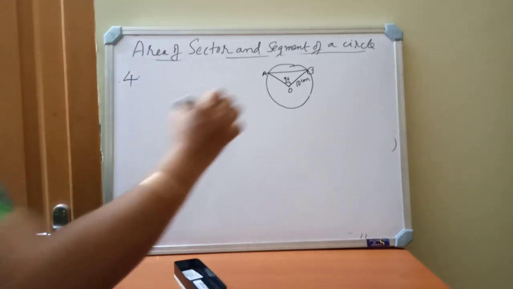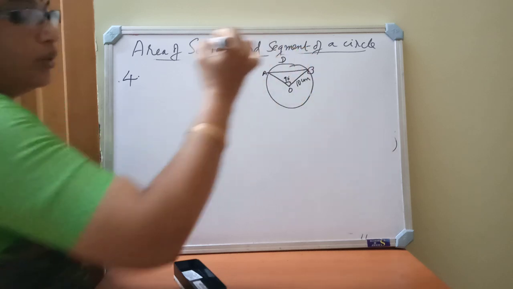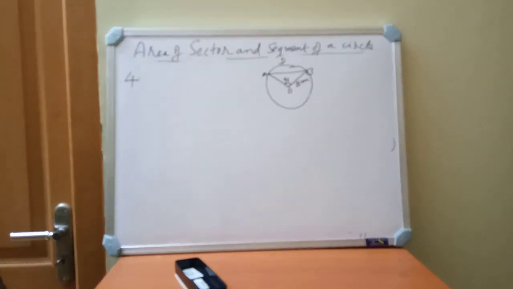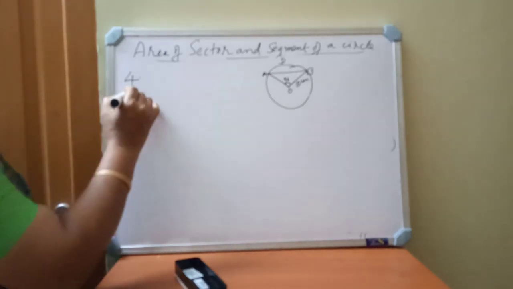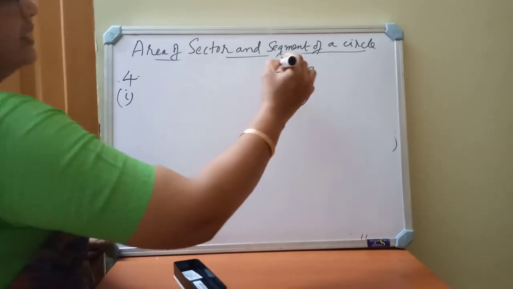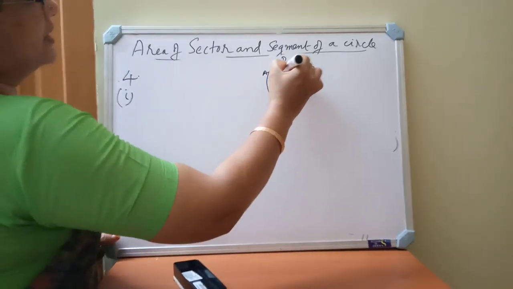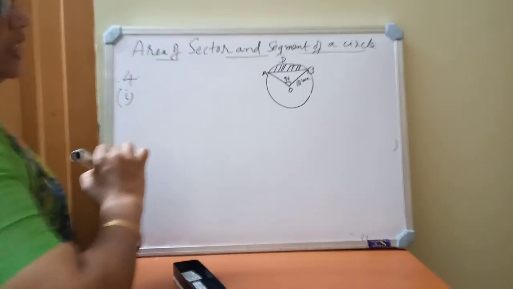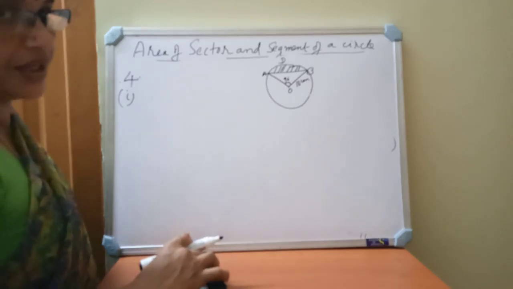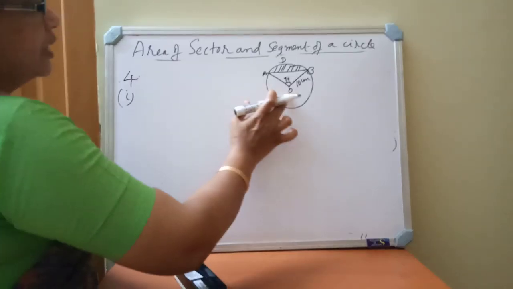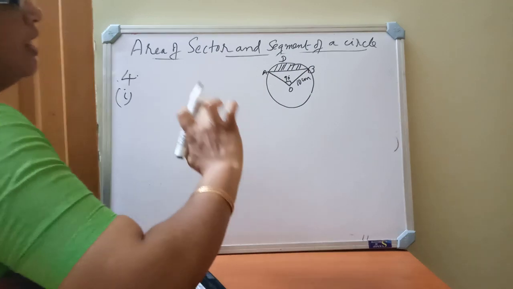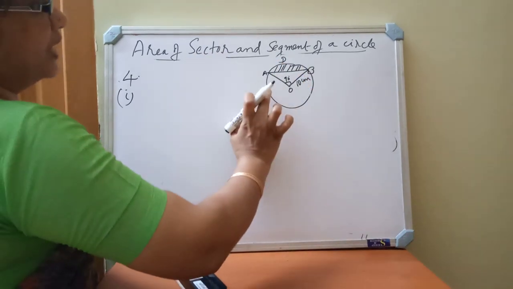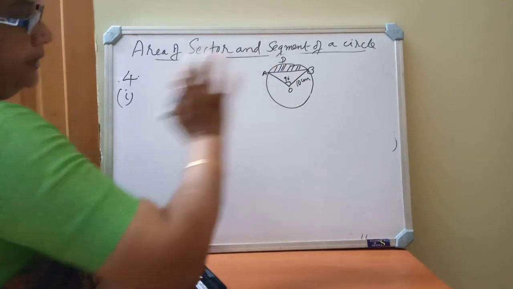So see that they ask you to find out, the first part of the question is what, children? Minor segment, area of the minor segment. So this part is the minor segment, isn't it? So area of minor segment, how will you find out? Area of sector OADB minus area of right triangle OAB, isn't it?